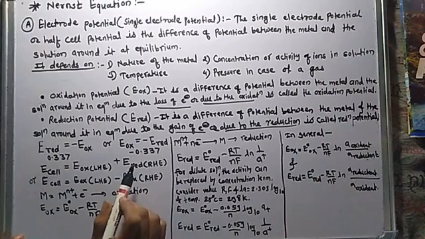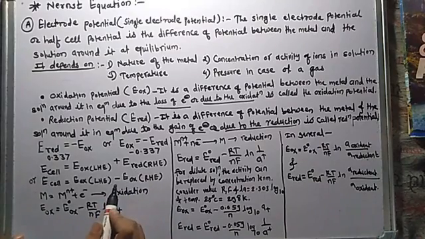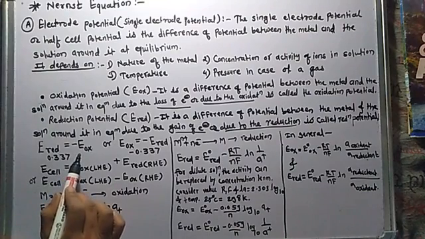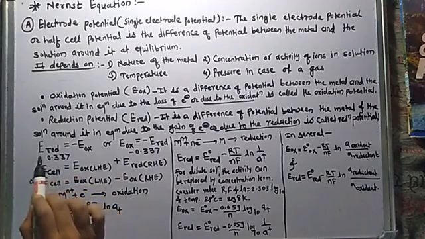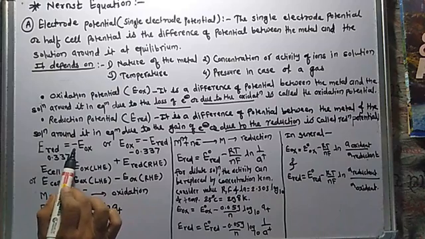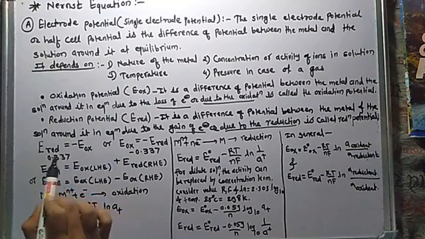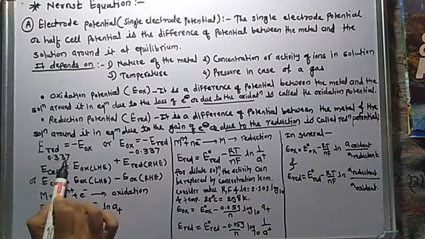So the reduction potential of an electrode is equal to the oxidation potential for the same electrode with the sign reversed. Here, E reduction is equal to minus E oxidation, and its potential is 0.337.